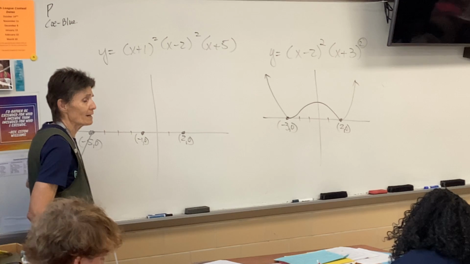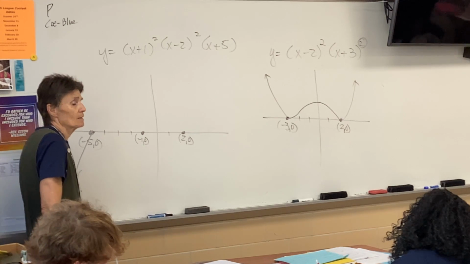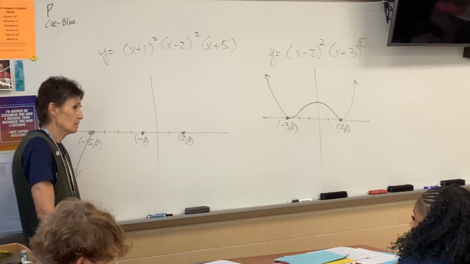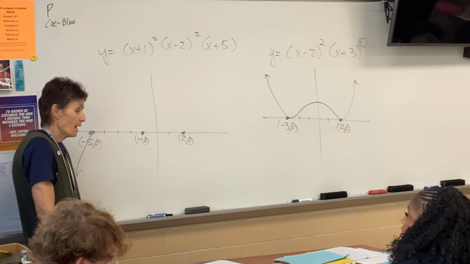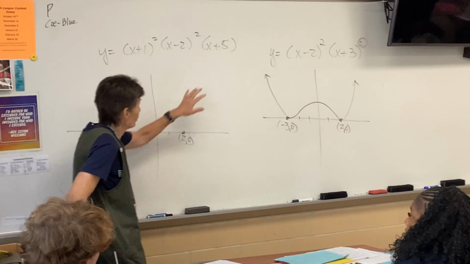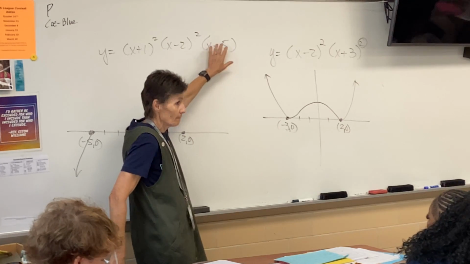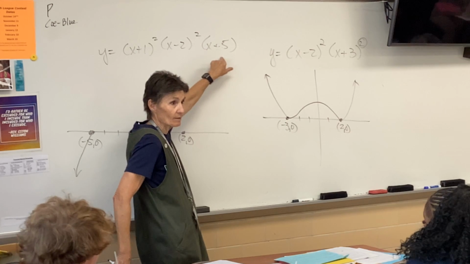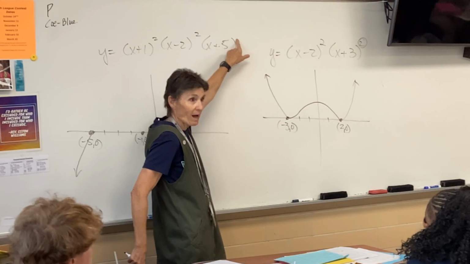Now when I get to my -5, I have to make a choice. I'm going to go through, or I'm going to bounce off. How do I decide? I look at the factor that it came from. -5 came from this right here. No power.